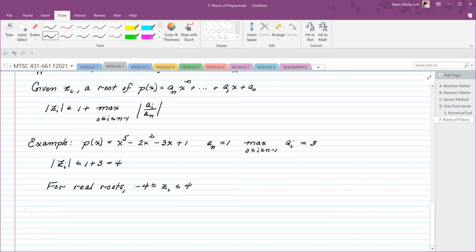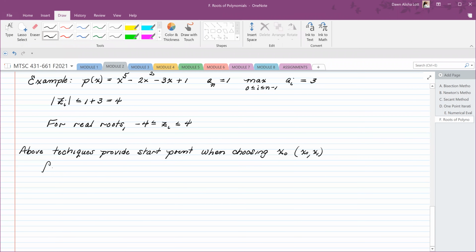Okay, so that gives you a starting point. So the above techniques provide a starting point when choosing x0 or x0 and x1 for your numerical method.